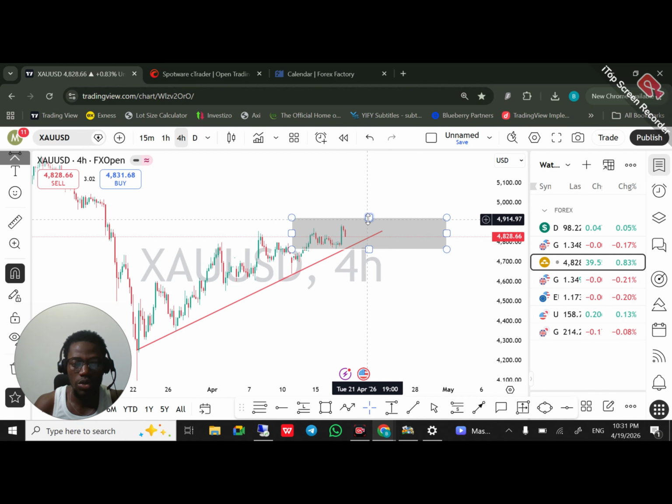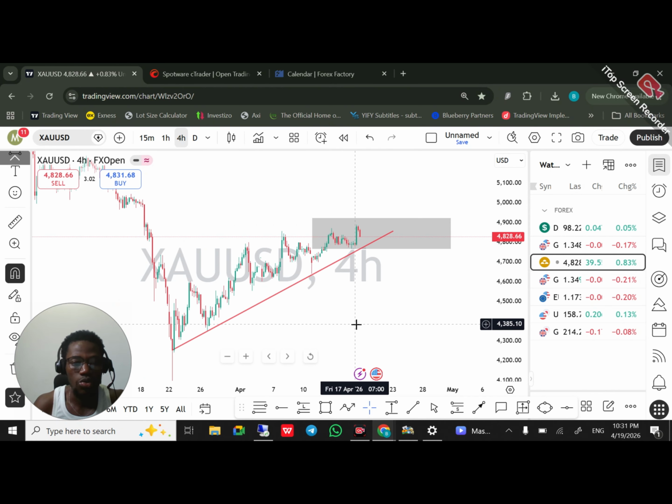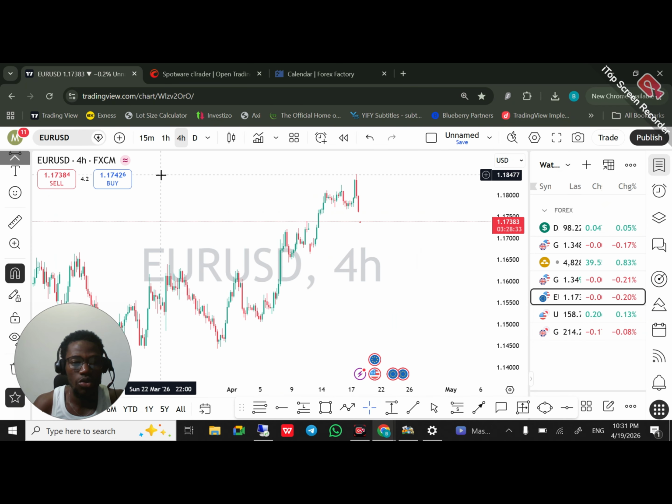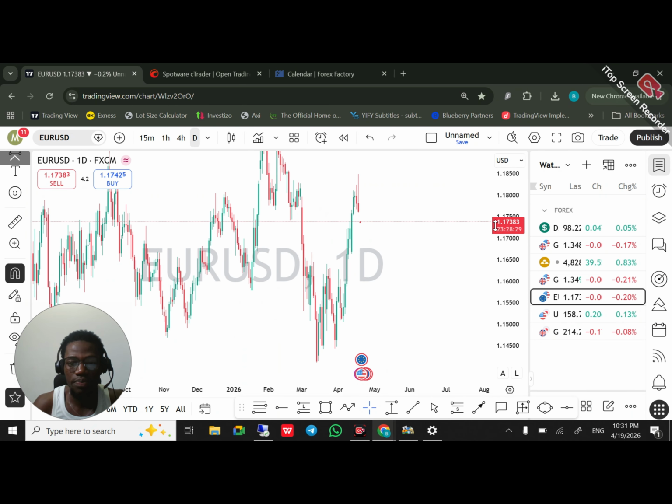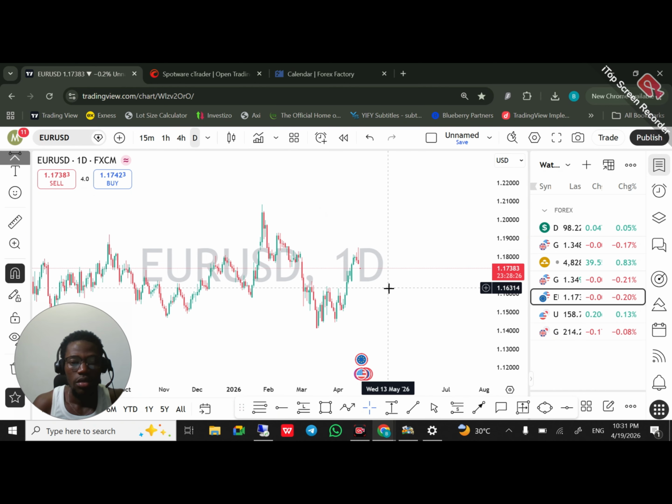If this range breaks to the downside, and this trend line breaks, then I bet you gold will keep on selling massively to the downside. Then finally for Euro USD on the daily time frame, pretty much the same thing.